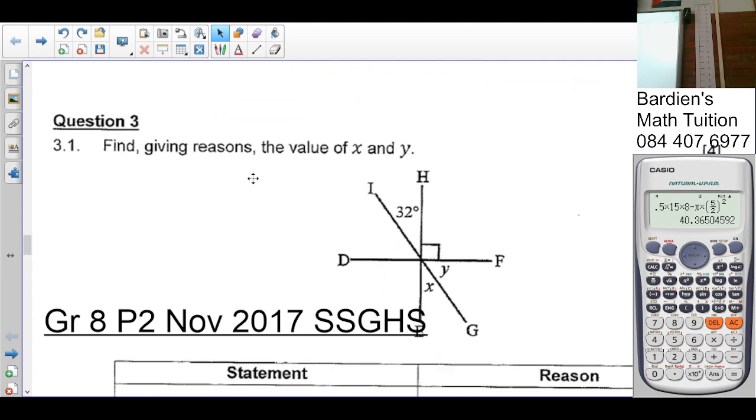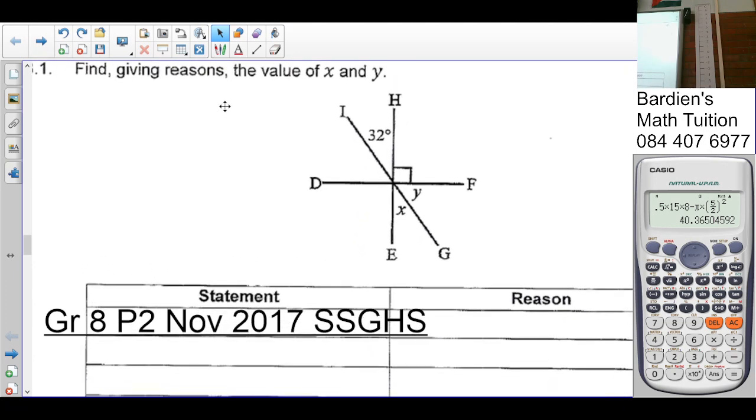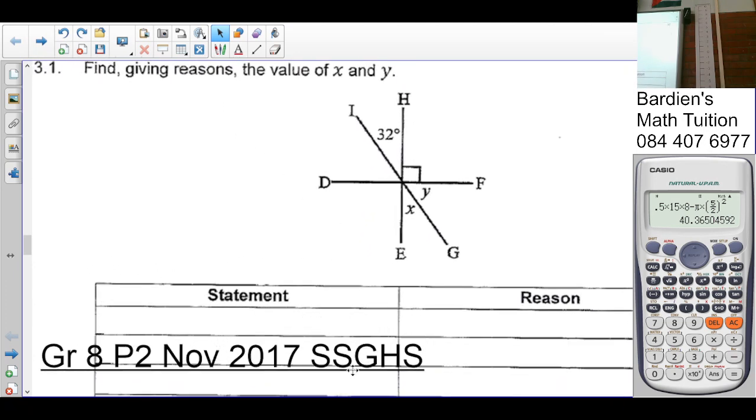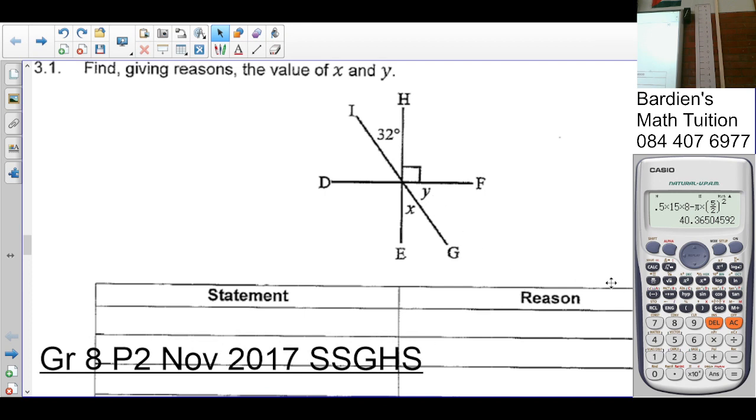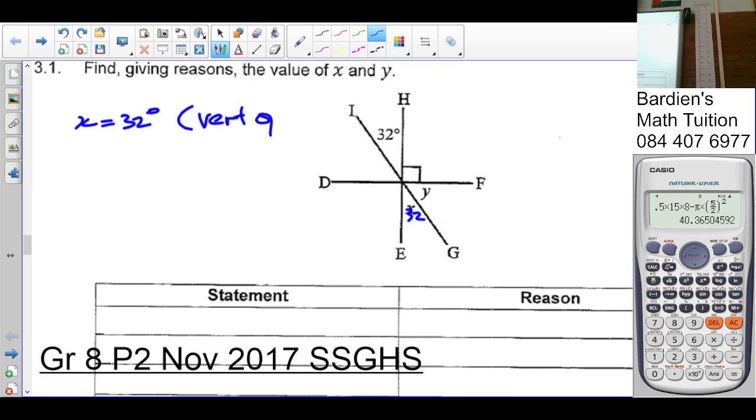Next question. 3.1. Find, giving reasons, the value of x and y. So x is equal to what? 32. Why? So x is equal to 32. It's vertically opposite angles. Then y is going to be angles on a straight line.